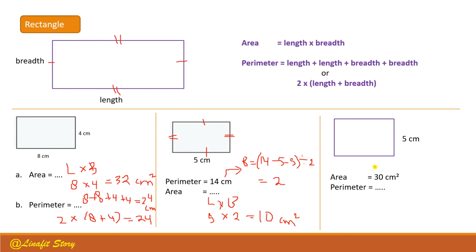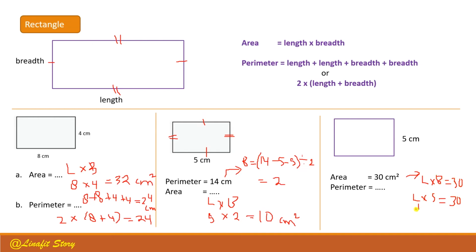And then this question: if the area is 30 square cm, the breadth is 5. How to find the perimeter? To get the area, length times breadth is equal to 30. The breadth is 5.